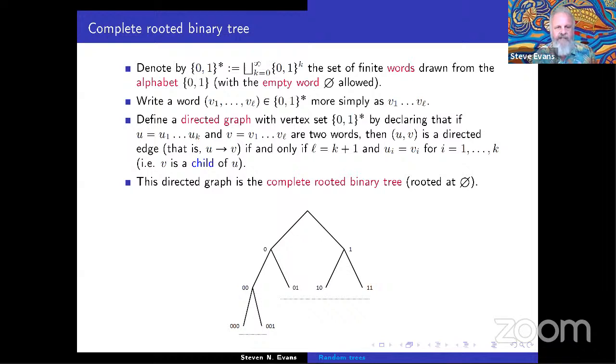The notation {0,1}* is the set of all finite words drawn from the alphabet {0,1}, with the empty word allowed. So it's the empty word, the word 0, the word 1, the word 00, the word 01, and so on.